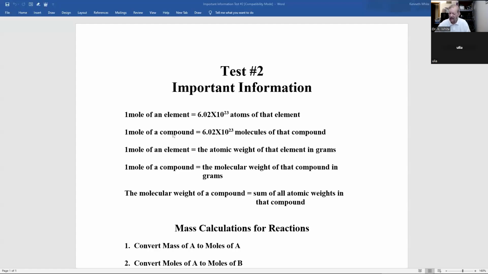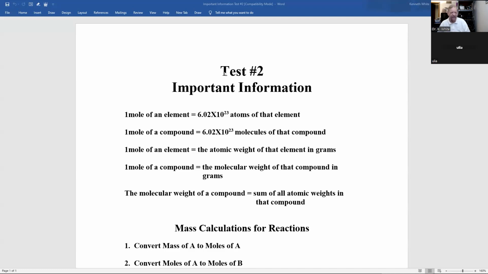All right, yesterday, or rather Monday, we were talking about mole relationships. And I'd highly recommend you all look at test number 2, important information. These are things I will give you for test number 2.